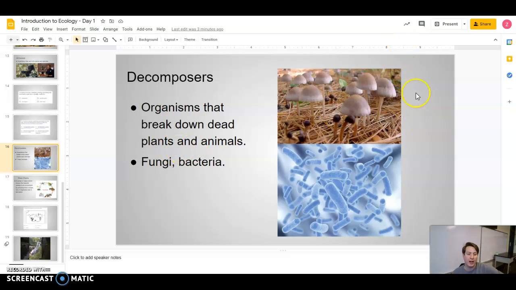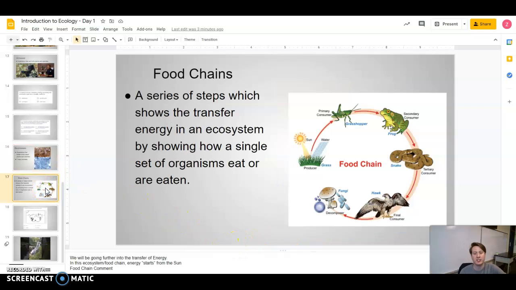They could be fungi like mushrooms or even bacteria. This brings us into food chains, a series of steps which shows the transfer of energy in an ecosystem by showing how a single set of organisms eat or are eaten.